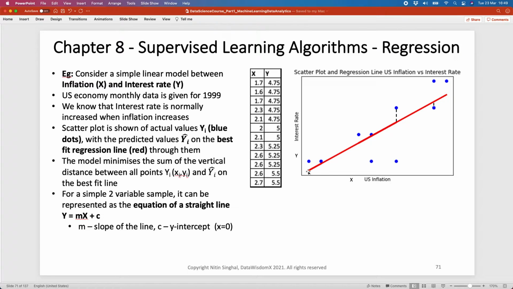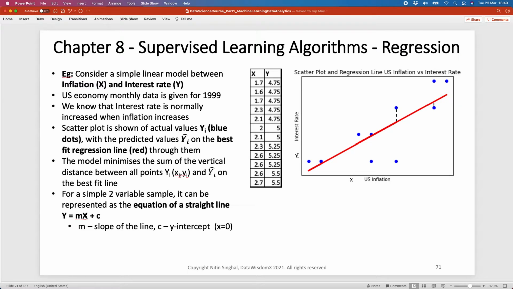Being a simple linear model of two variables, it's trying to draw the best fit linear line, equivalent to the straight line equation y is equal to mx plus c, m being the slope and c being the y-intercept. It tries to get it as close as possible to all the points. Just remember, not just one, but all the points. So what is the best fit line? It calculates the distance between each of these points and the line, takes the difference, squares it, and finds the minimum error term.